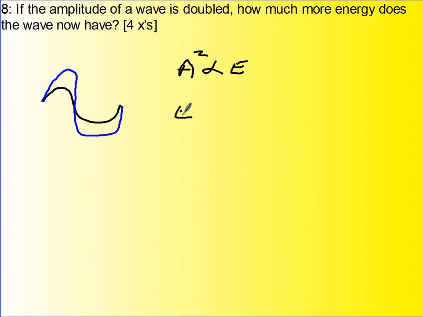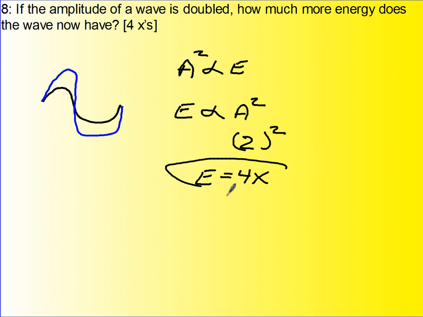So let me rewrite that. Energy is proportional to the amplitude squared. So if I double the amplitude, the energy is 4 times, because 2 squared is 4. So this wave right here, if that is twice the amplitude, this wave carries 4 times the energy of this wave.